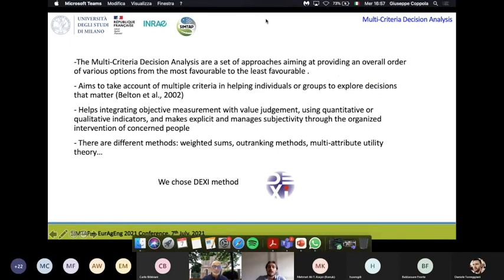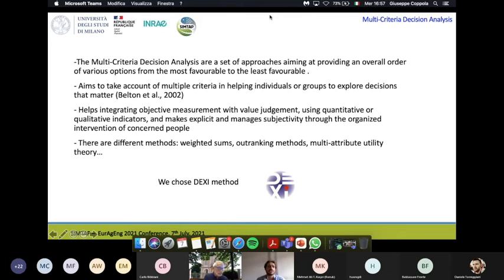And to overcome this challenge, we adopted a multi-criteria decision analysis approach. Multi-criteria decision analysis are decision-making approaches, decision-making tools. They allow to evaluate various options, to order these options from the most favorable to the least favorable, while taking into account multiple and often conflicting criteria.